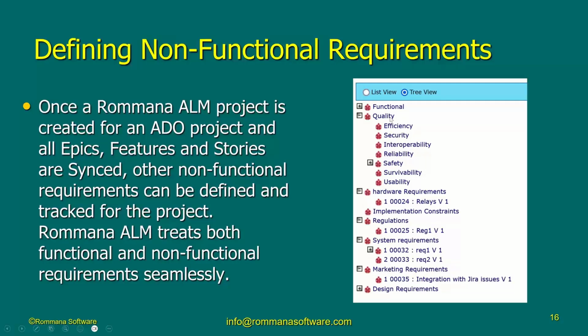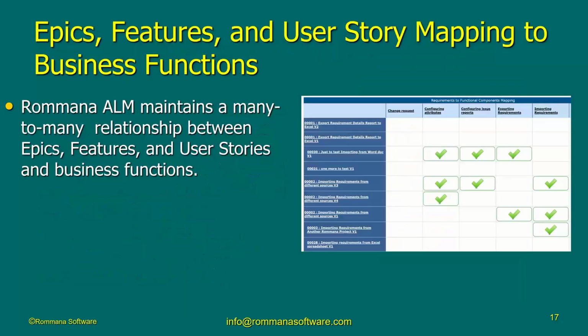Things like quality, hardware requirements, implementation constraints, regulations, if you're working on a project for a regulated industry. So I guess Rommana ALM is flexible enough to allow you to specify other kinds of user stories or requirements that are not functionality requirements, okay? Again, with that, I'm going to leave it here because it's another area that requires a lot of details.